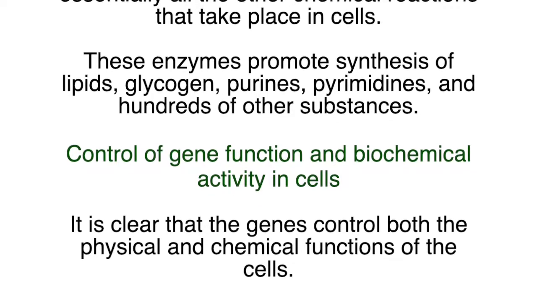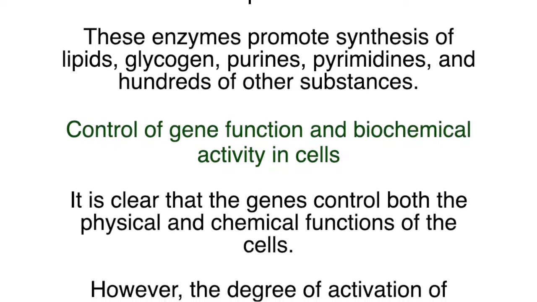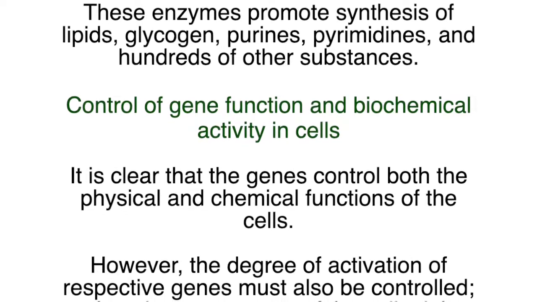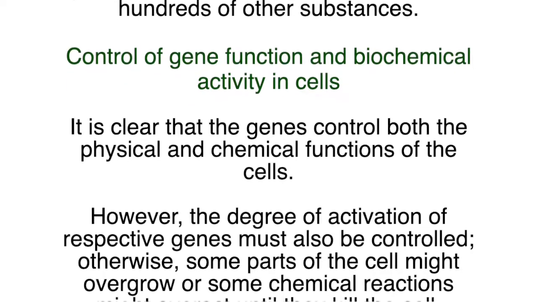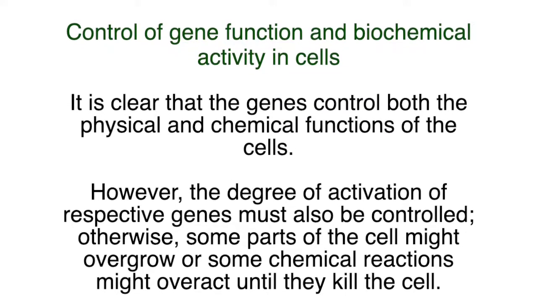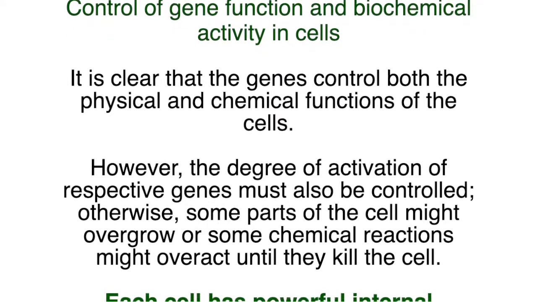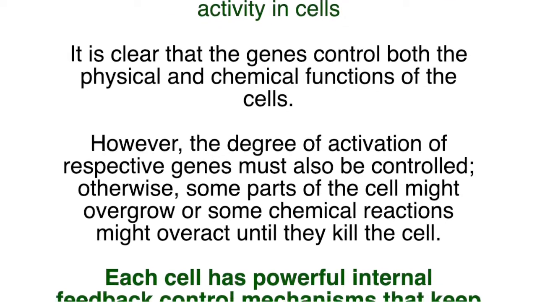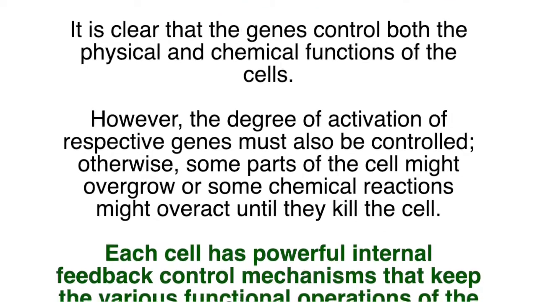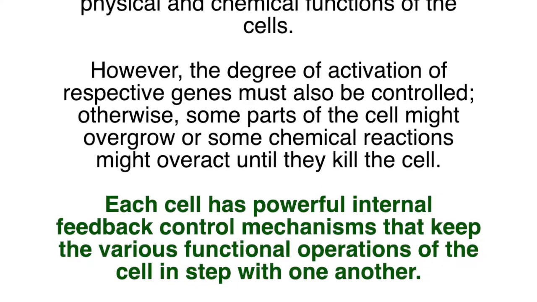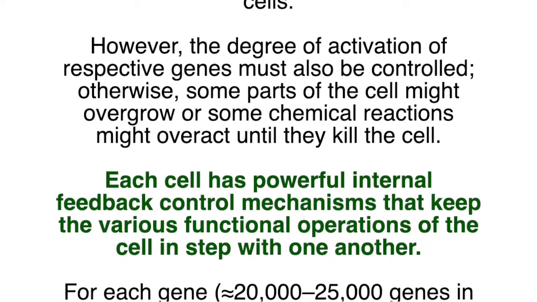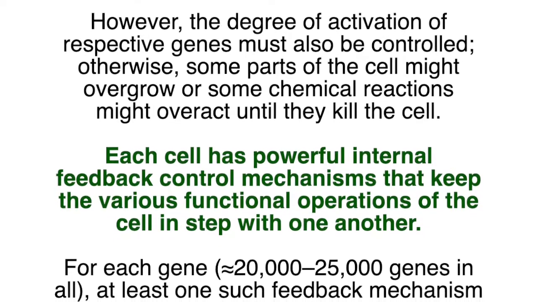Control of gene function and biochemical activity in cells. It is clear that the genes control both the physical and chemical functions of the cells. However, the degree of activation of respective genes must also be controlled. Otherwise, some parts of the cell might overgrow or some chemical reactions might overact until they kill the cell.